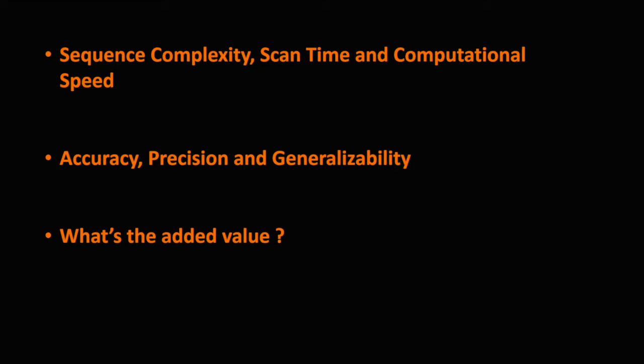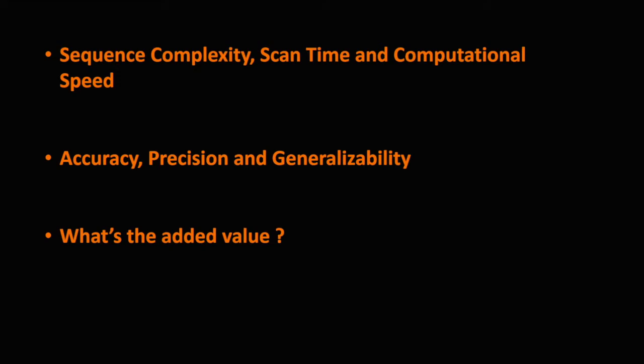The second point is that because MR fingerprinting is a quantitative scan, we have to understand the accuracy, precision, and generalizability before we apply a quantitative scan to clinical settings, because now the numbers matter. And finally, a very important question is: what's the added value?